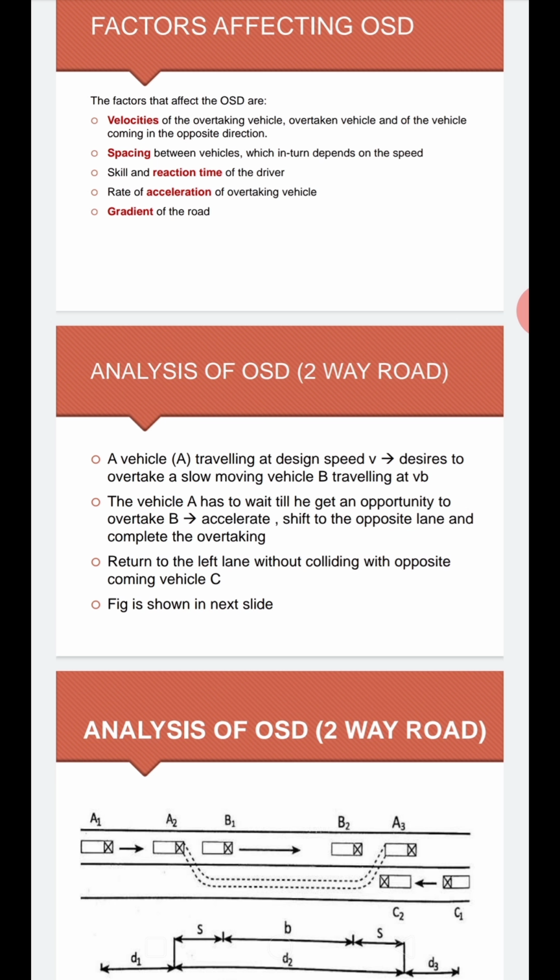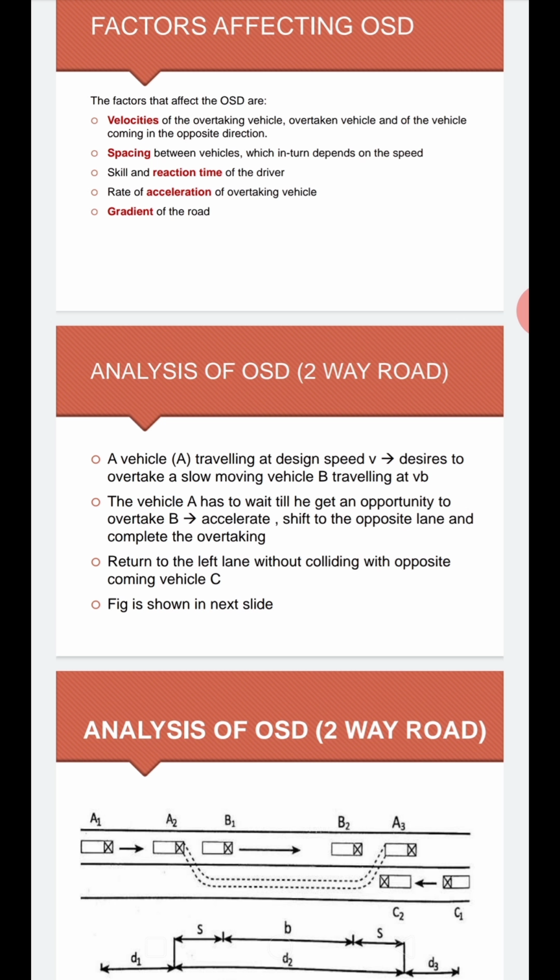Till that opportunity he is moving from the A1 to the A2 position, that is the distance small d1 given below. Next you can see vehicle C, which is coming in the opposite direction on the next right side lane from the C1 position to the C2 position. So d1 is the overtaking vehicle moving from A1 to A2.